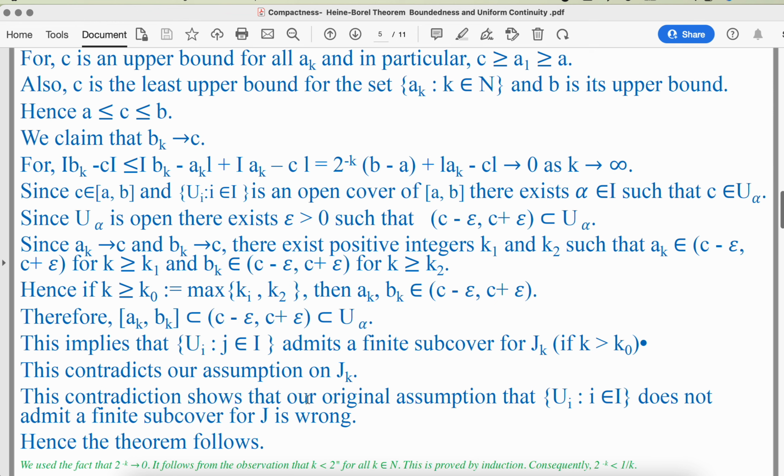This contradiction shows that our original assumption that the cover U i, i belonging to I, does not admit a finite subcover for J is wrong. Hence the theorem follows.